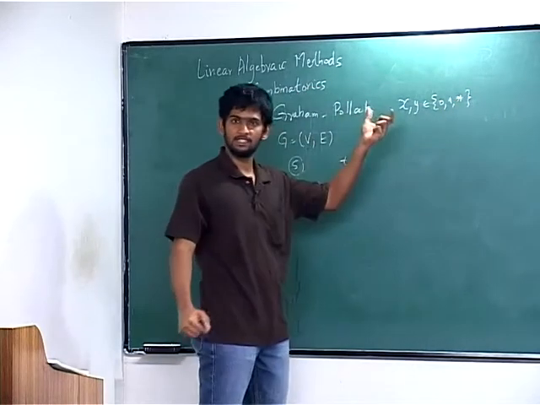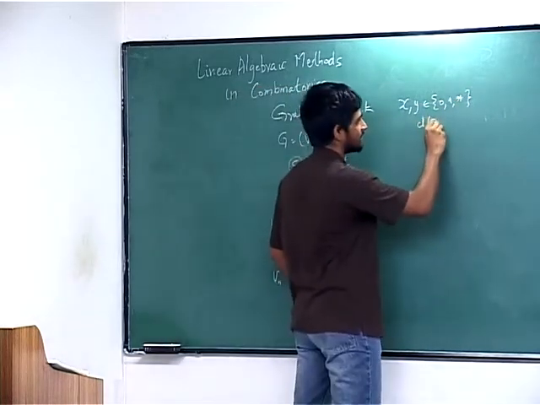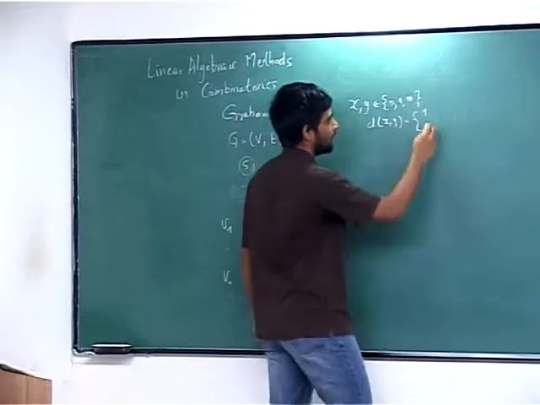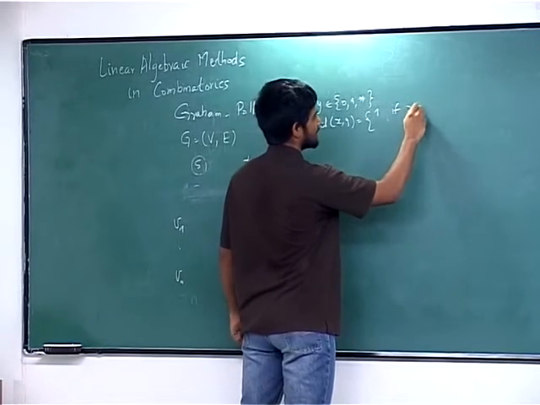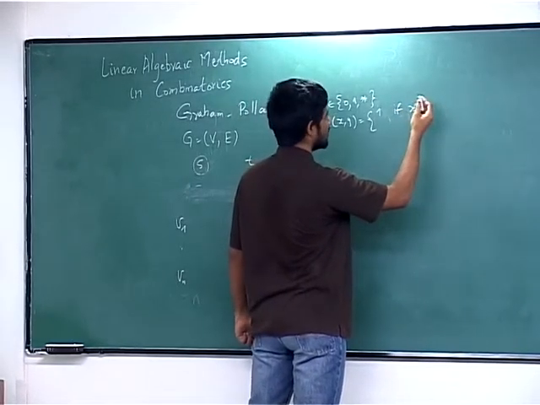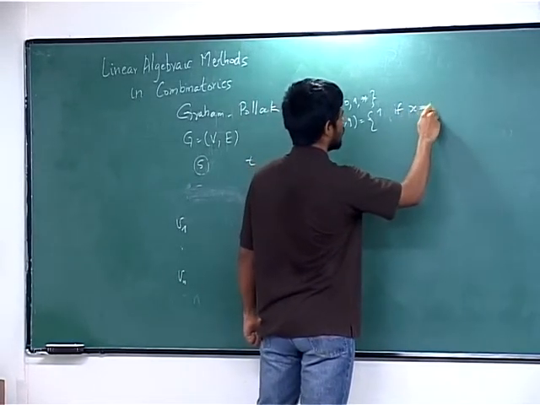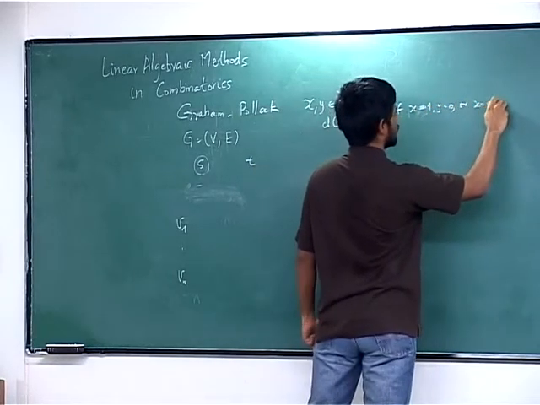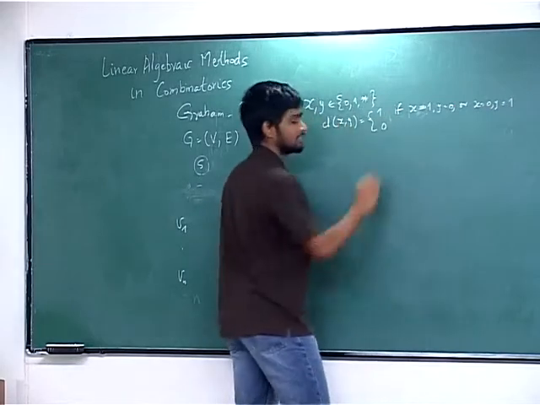I'll say that the distance between x and y is 1 if x is equal to 1 and y equal to 0, or x equal to 0 and y equal to 1. All other cases the distance is 0.